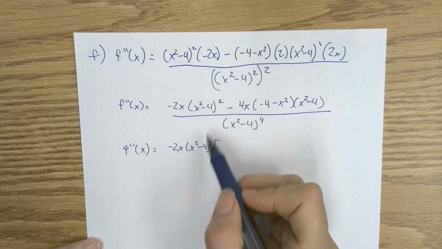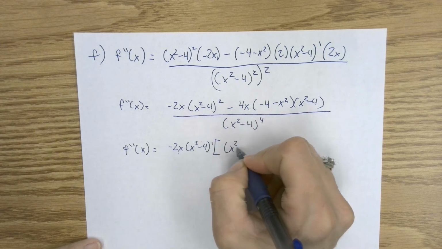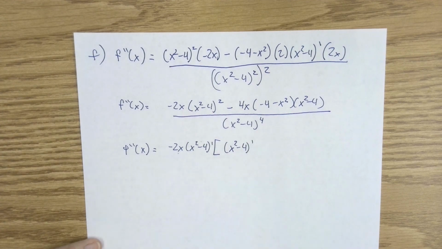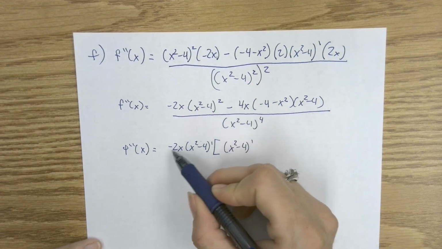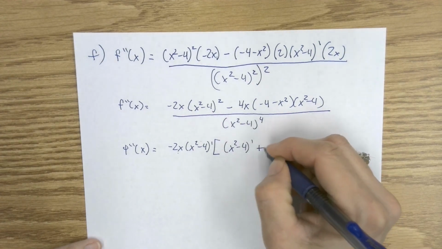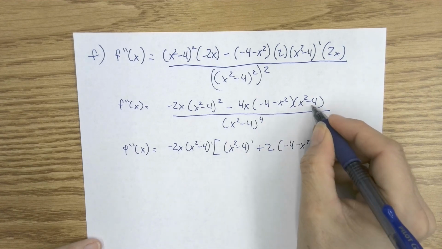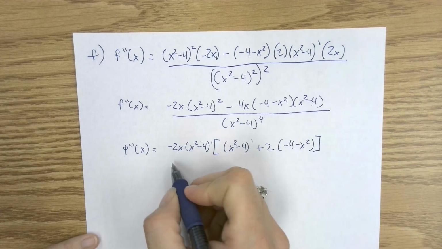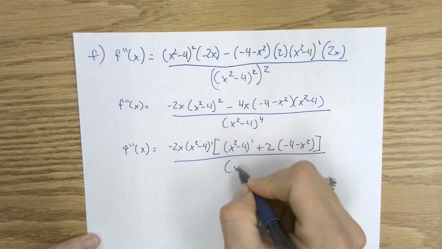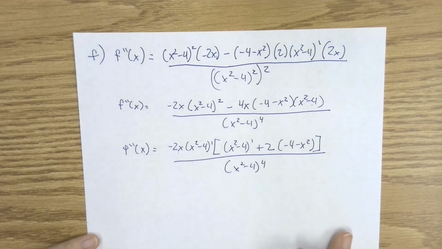X squared minus 4 squared divided by x squared minus 4 to the 1 leaves me with x squared minus 4 to the 1. Negative 4x divided by negative 2x is positive 2. This negative 4 minus x squared carries down, and my x squared minus 4 cancels out. And that's all over x squared minus 4 to the 4th power.